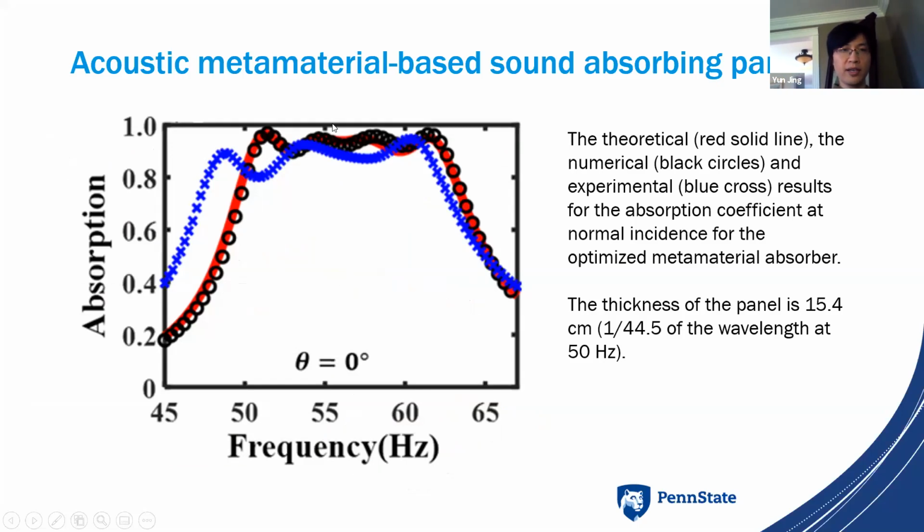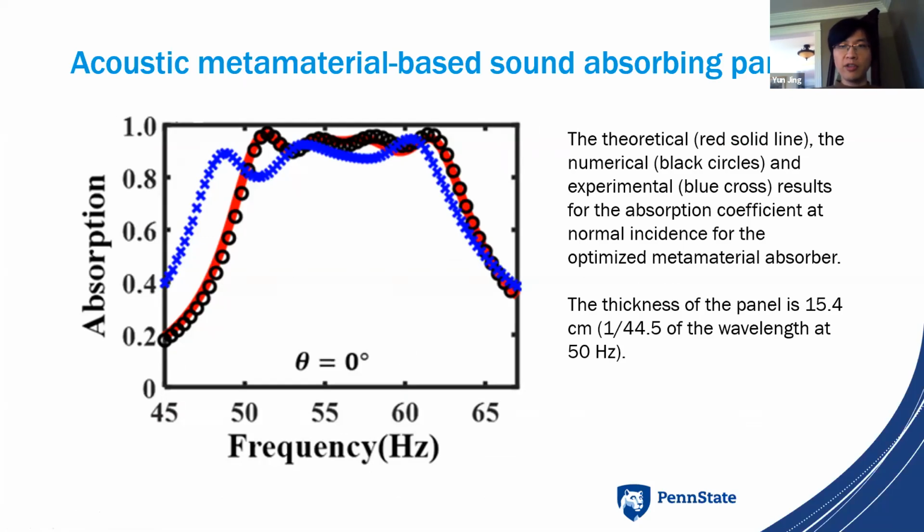As you can see, we have a very nice agreement between the theory and modeling. In the measurement, we have some deviation here and there. We think the reason is that we are neglecting the acoustic structure interaction in our modeling and theoretical model, which is not really negligible in such a low frequency region. But overall, the agreement is very nice, I think.